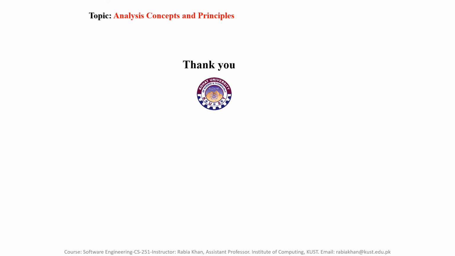The fifth principle states that the analysis process should move from the essential information towards the implementation details. You have collected the information from the customer, linked it together in terms of relationships, and highlighted the information flow, from where input is generated and where output is going. So all the information has been collected.